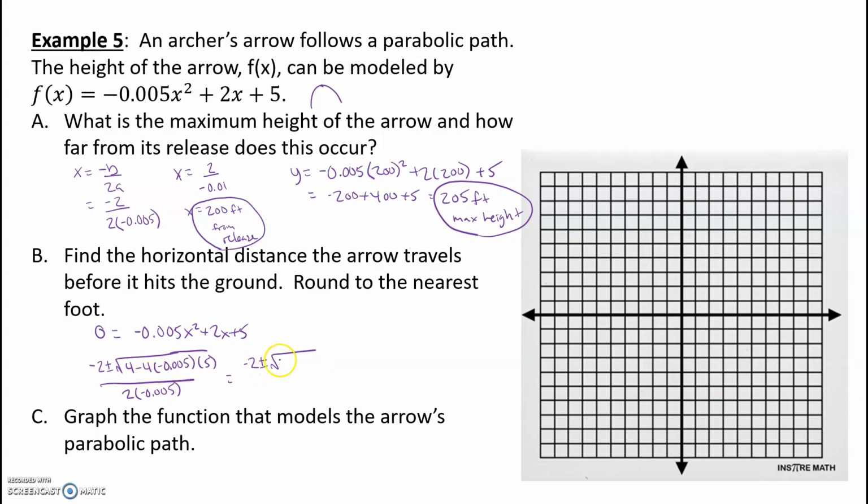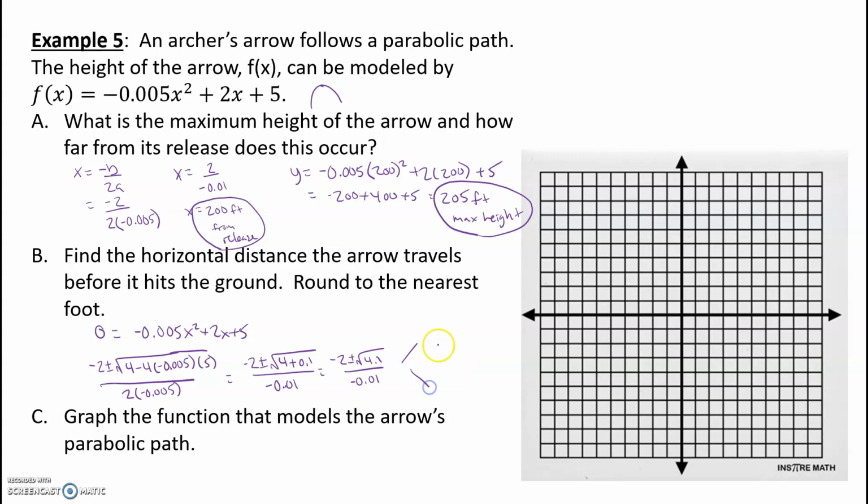So inside you're going to wind up with 4 plus 0.1. On the bottom, negative 0.01. And we're going to go ahead and pause there. That's what you just want to type in a calculator. Negative 2 plus root 4.1 divided by, and negative 2 minus root 4.1 divided by.